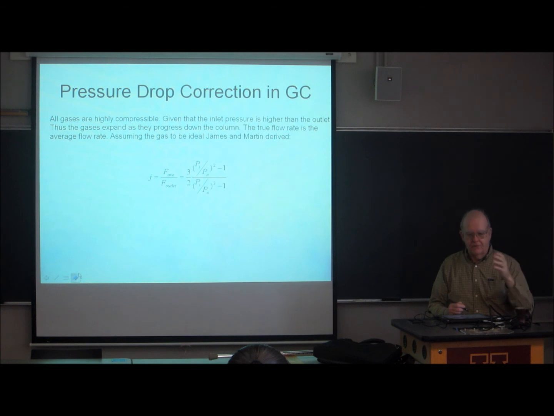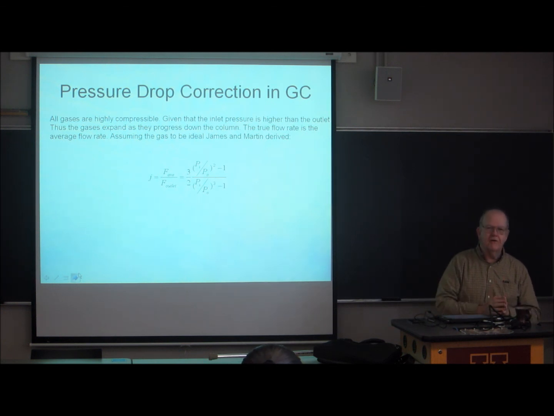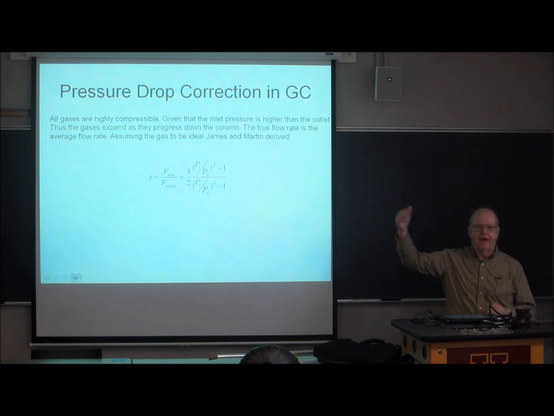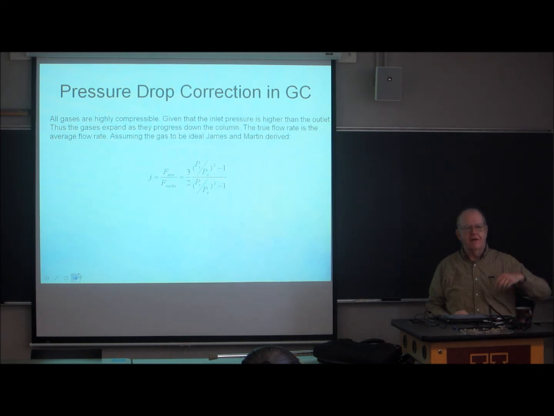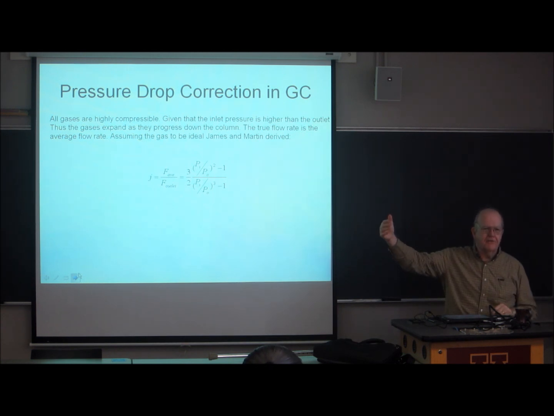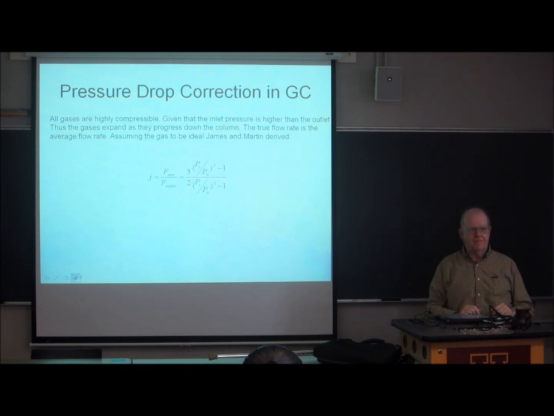In a packed bed or an open tube, you measure your flow rate generally at the exit of your column. But the pressure at the exit of your column is lower than the pressure at the inlet of the column or at any point inside the column. You're at the lowest pressure in the system at the exit of the column.